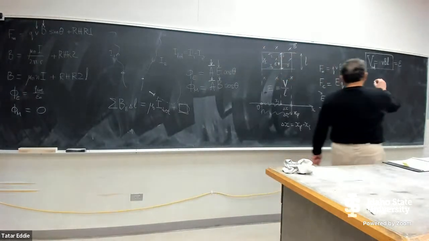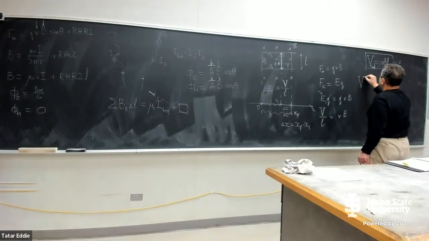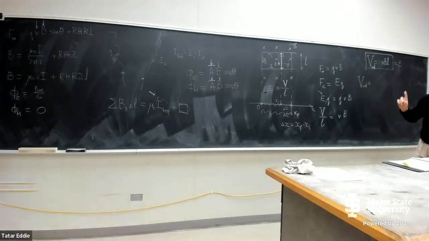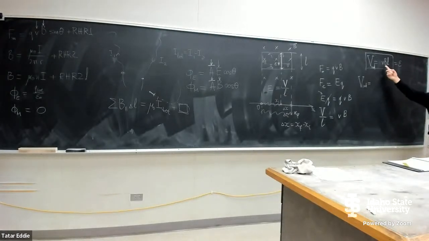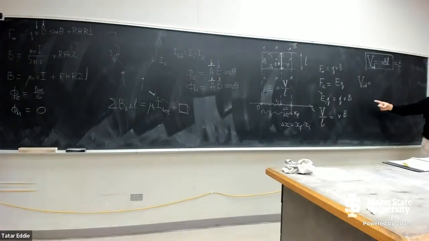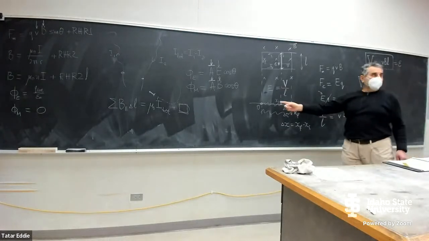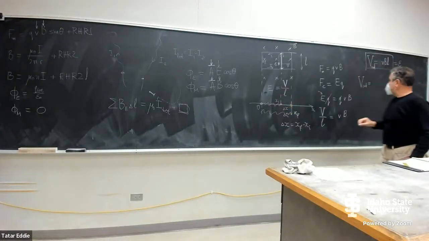Now, in our formula for the induced voltage, just rewrite the speed in terms of distance divided by time, right?